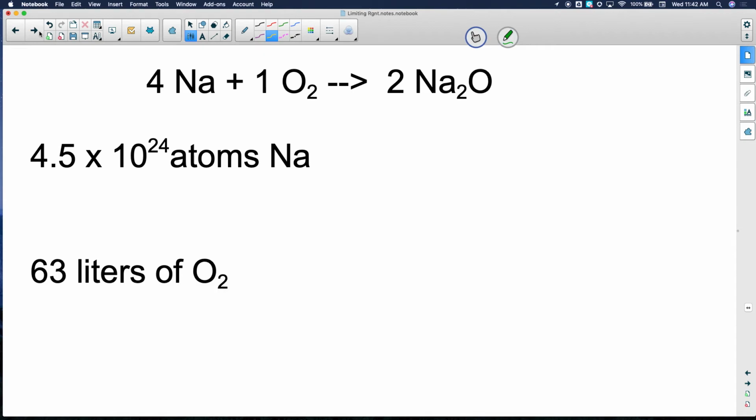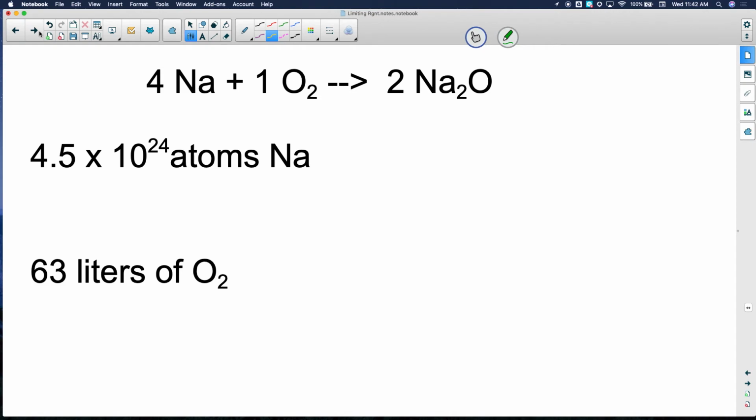Move this one over 1 place. So you just get 7 point something.